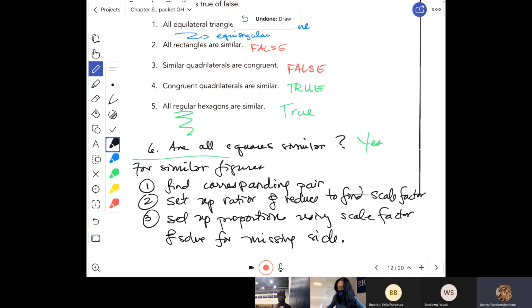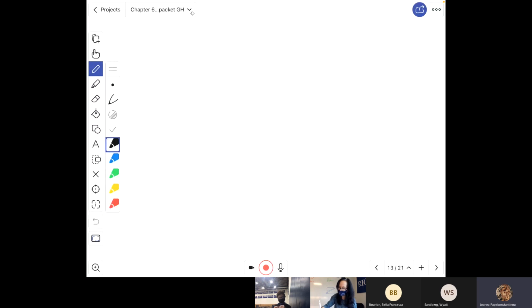So that's kind of what you want to keep in mind when you're doing your homework. Now, on the homework, some of it will actually just say find the scale factor. Some of them will tell you to set up a proportion to find the missing side. Now, I do want to talk a little bit about the quiz that is happening next class. Can you please go back?